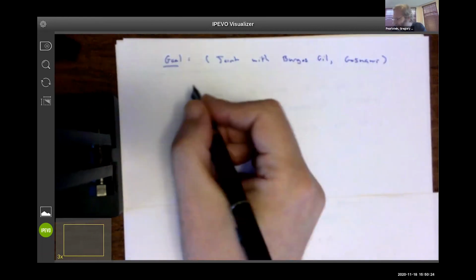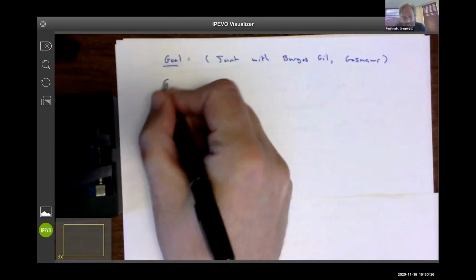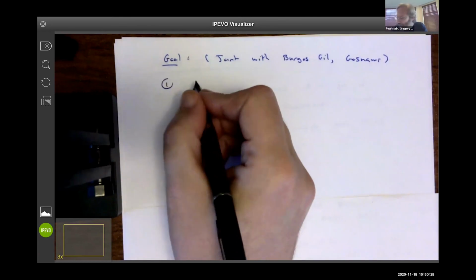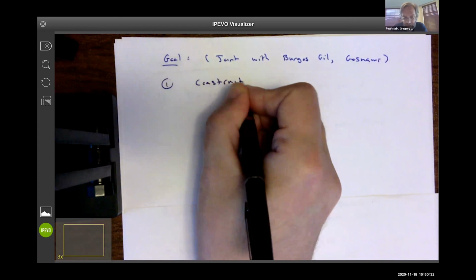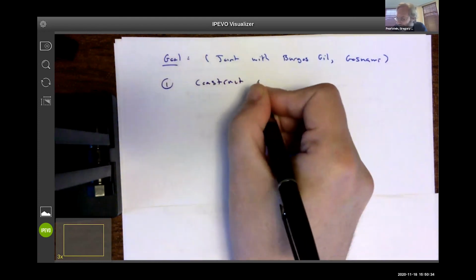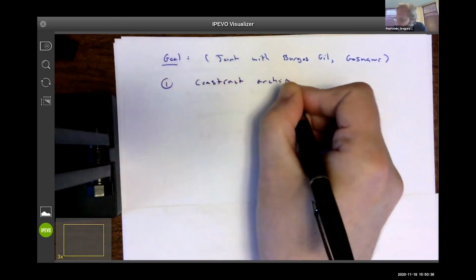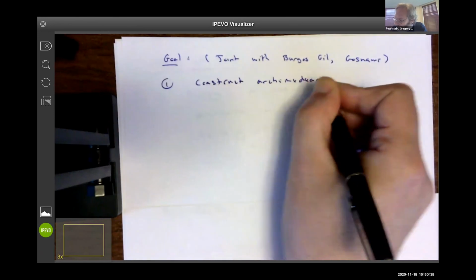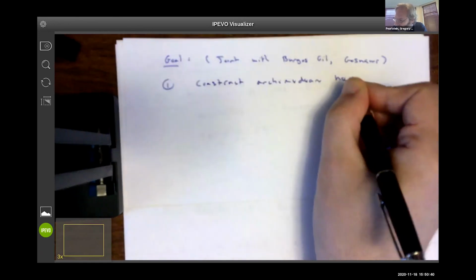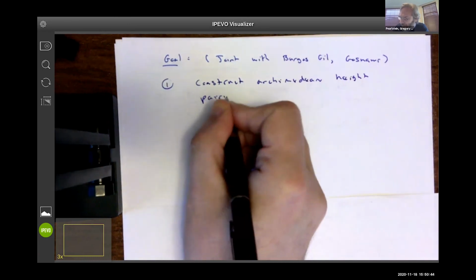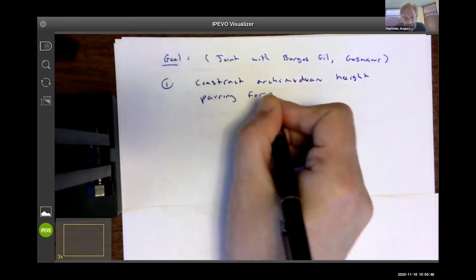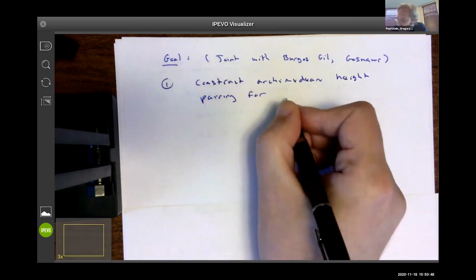So the first one constructs an Archimedean height pairing for higher cycles.